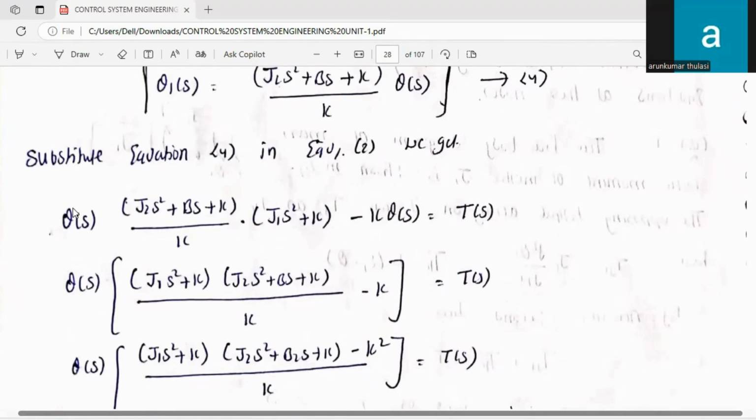Here we are replacing theta 1 of S by this term, that is, theta of S into J2 S square plus bS plus K divided by K, and the remaining term as this.